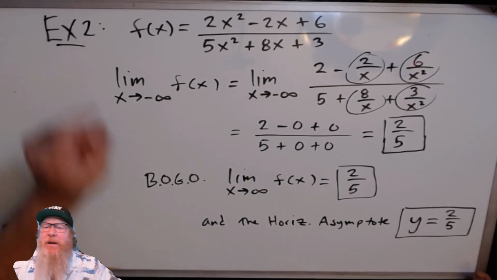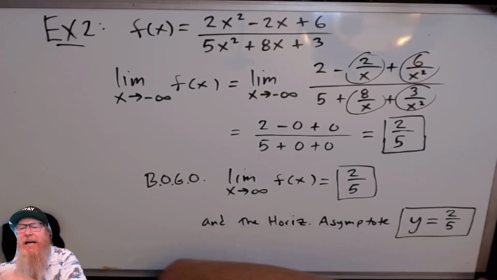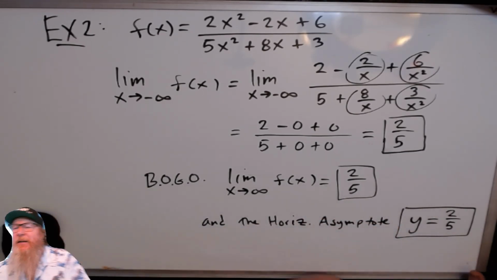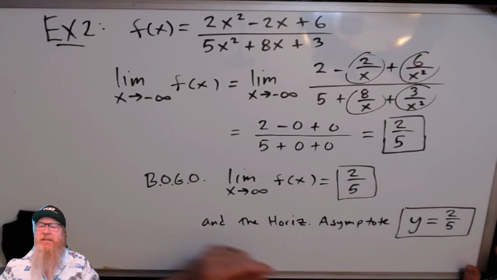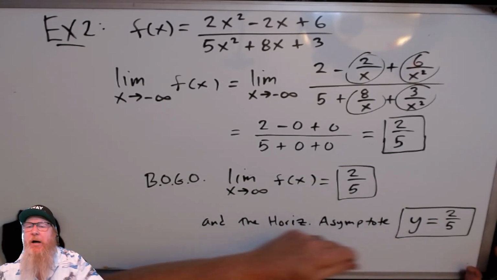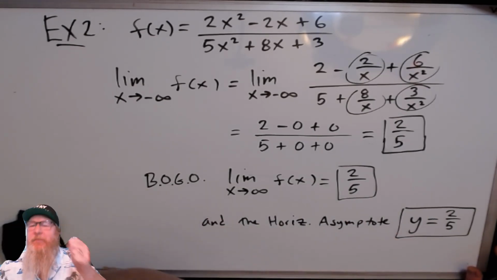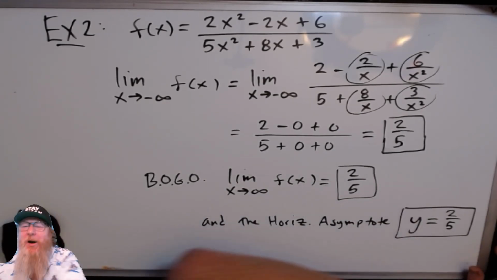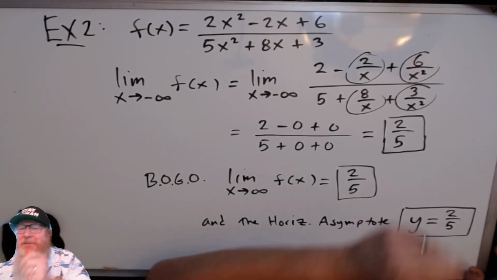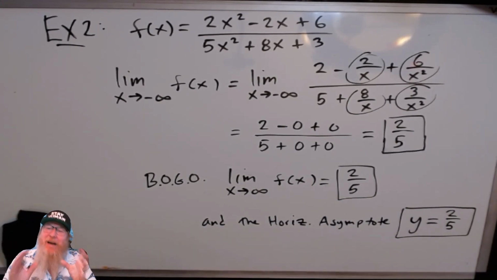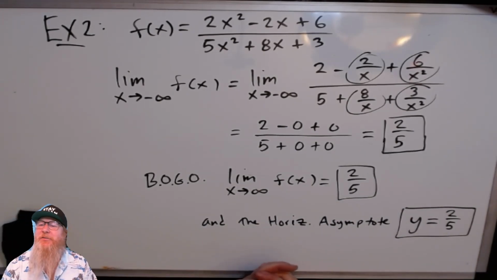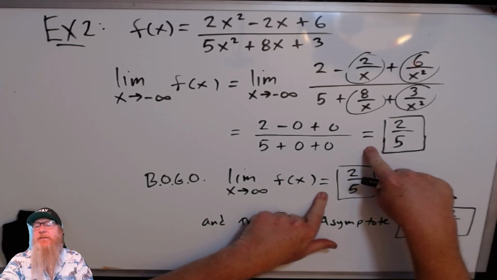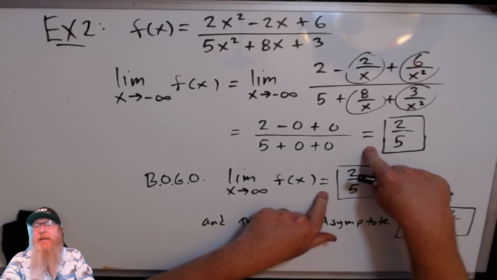It would be 0.3999999, and 0.39999999999, or possibly 0.401, 0.40001. It'd be very, very close to the fraction 2/5, but never actually hitting it. But we still say that the limit equals that number.